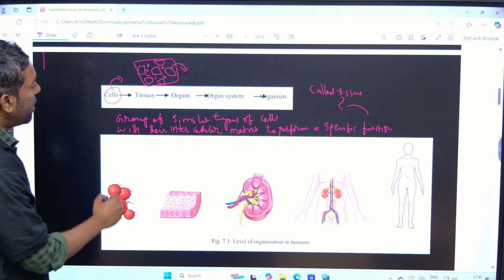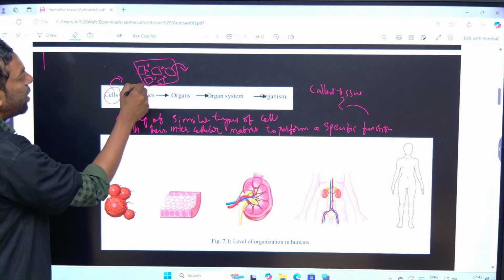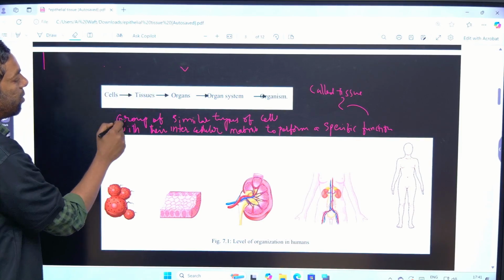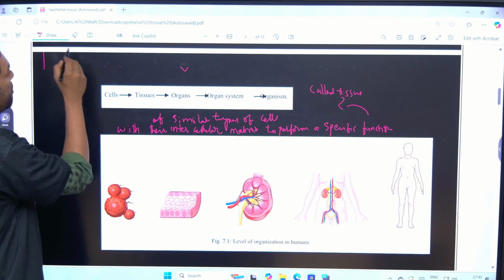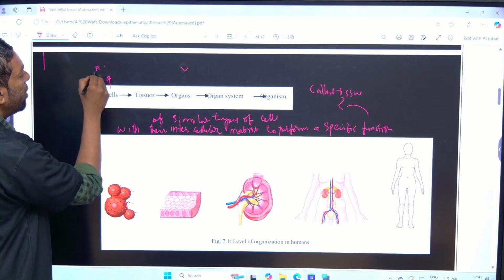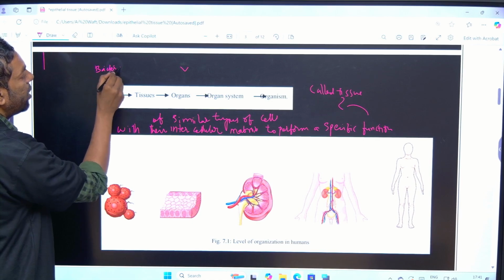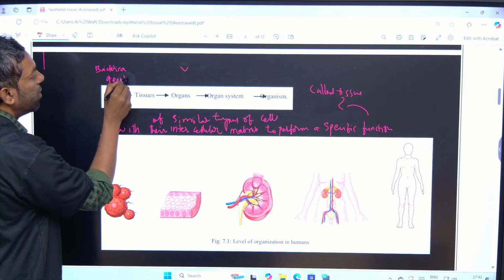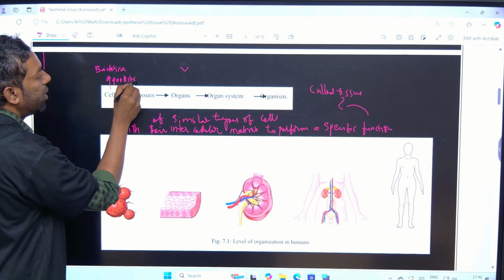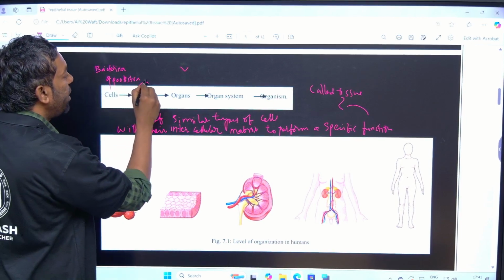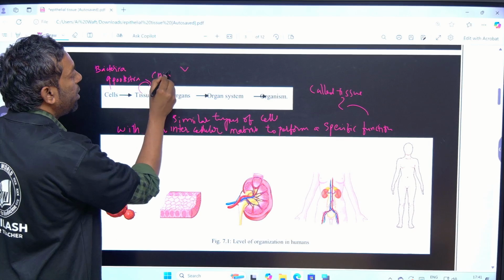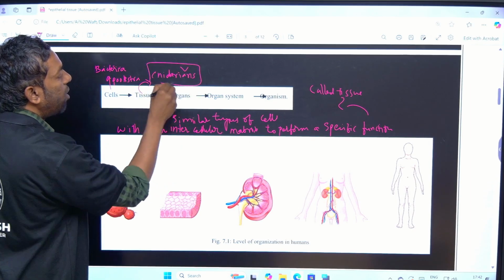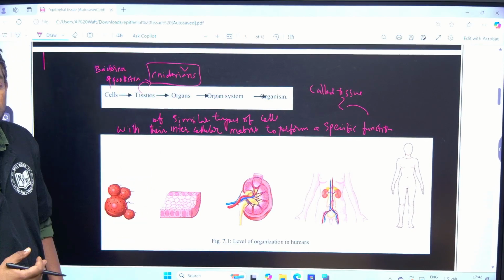If it is the cellular level, there are bacteria and protista, for example. If it is the tissue level, cnidarians, organisms that can execute their functions at the tissue level.